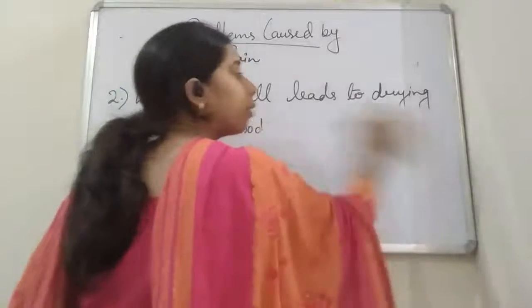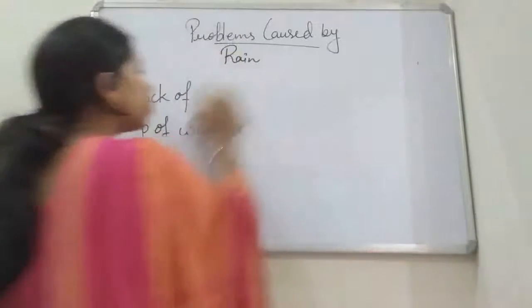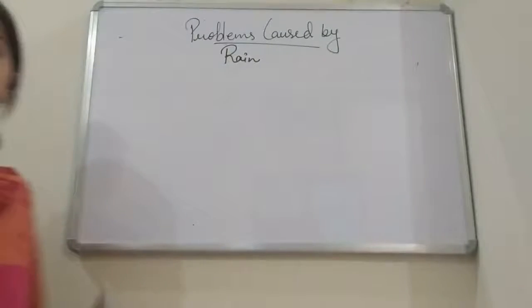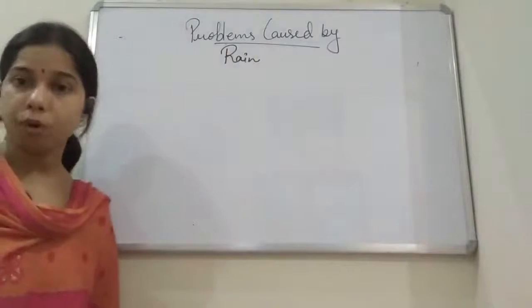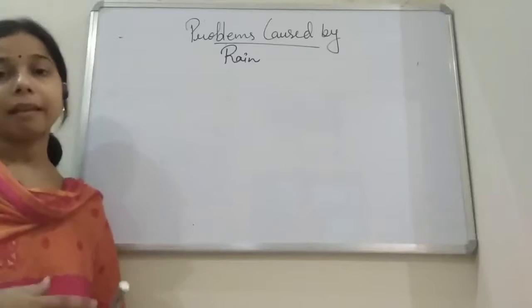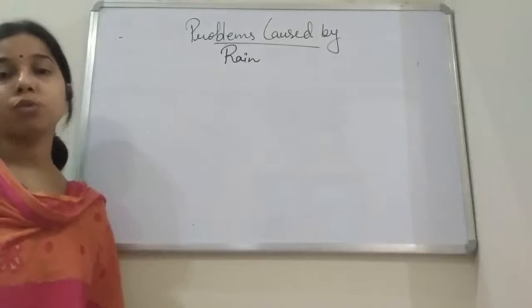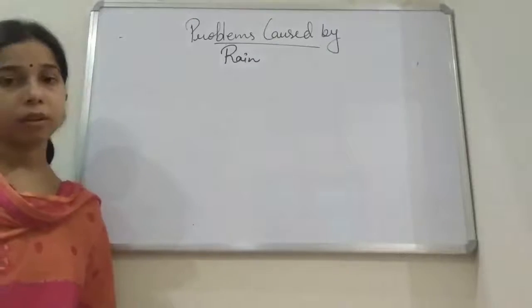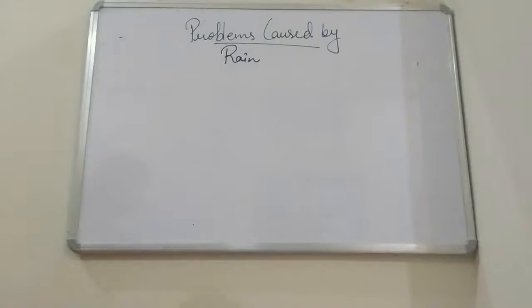Okay, not only this, students, the soil gets dry, and due to this it will not be able to grow a proper amount of fodder for our domestic animals. So we will say that lack of water leads to a shortage of grasses and other fodder for domestic animals, students.